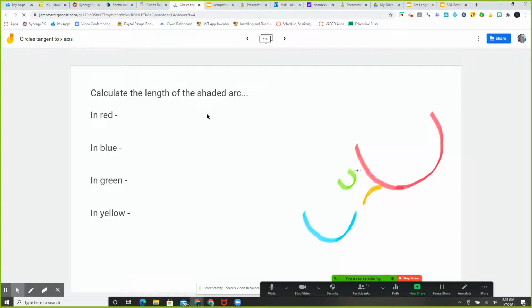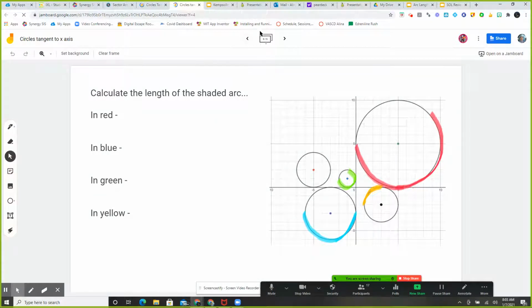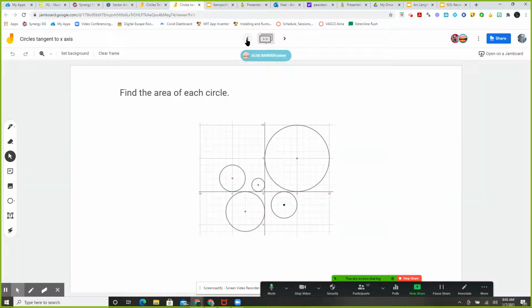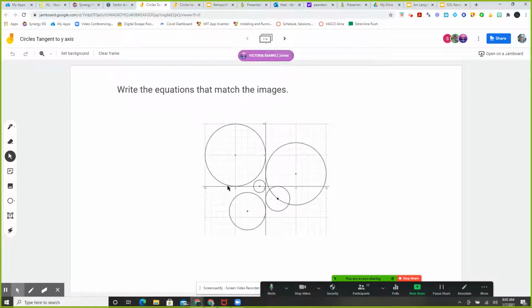And just like yesterday, I want you to go through the slides and see what you can add to them. On one of them, you've got circles that are all tangent to the x-axis. And on one board, you've got circles that are tangent to the y-axis. What I want you to do is write the ordered pairs for the circle centers, and then write the equations the best you can.